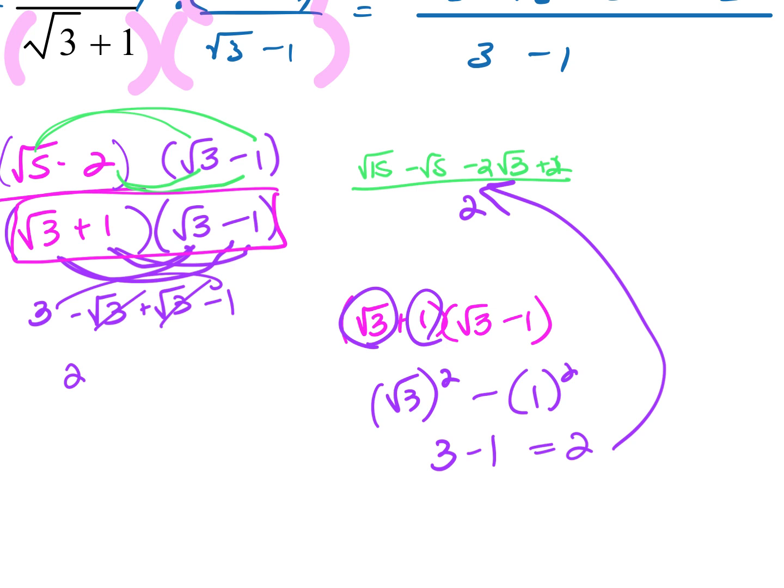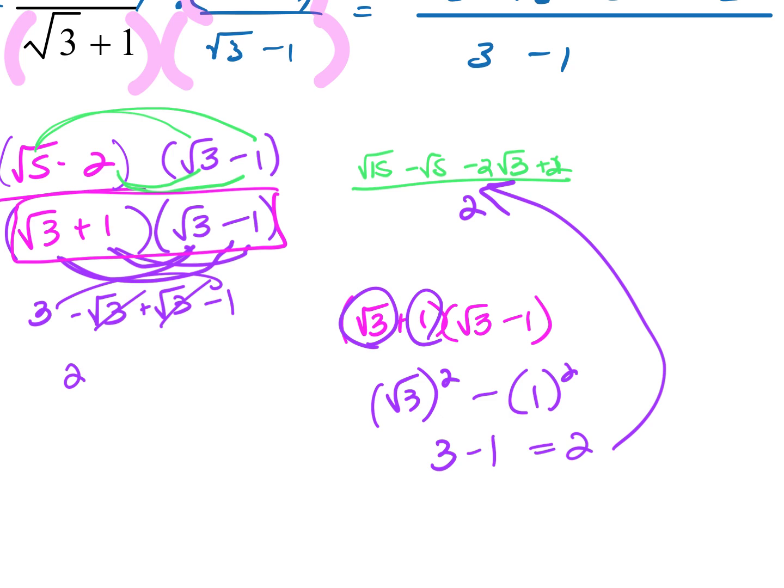If that throws you and you don't remember it, just stick to the FOILing. But it is a shortcut that works every time you rationalize a denominator and multiply by its opposite. At the top, you can't subtract the 15 and 5 to get radical 10. You can only subtract and add radicals if they're the exact same number underneath.